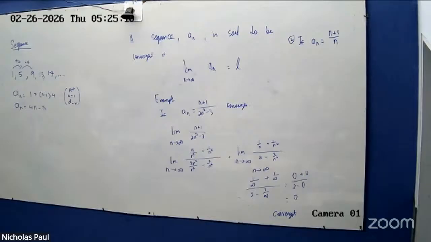How much is the limit? One, so that means it is convergent, correct? Let's try one more.